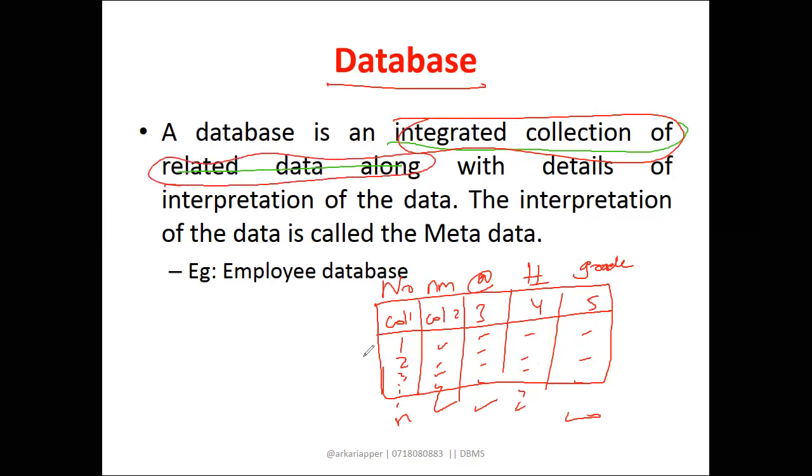If you take row number 1, it is interrelated data. For example, this is 101. The first entry is related with the first entry of column 2, column 3, column 4, and column 5, because these details are related to this person.